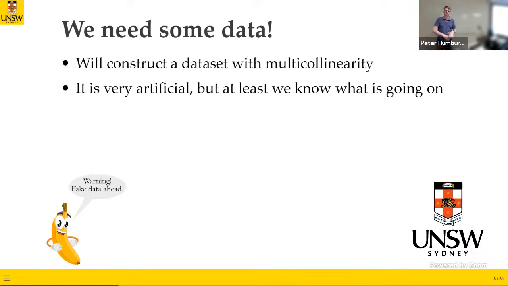So far, everything has been quite abstract, and that's not really very helpful. So I made up some data. It's very simple and artificial data, but the advantage is that we know what's going on, right? We know exactly which things are correlated with each other, and we know what the coefficients in our model should be, and we can see what happens to them as we do different things, okay?